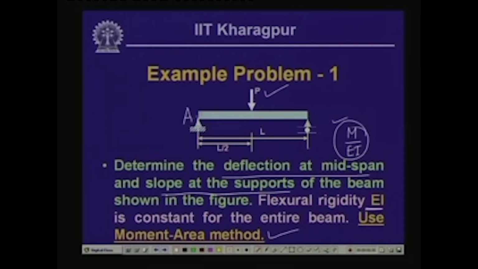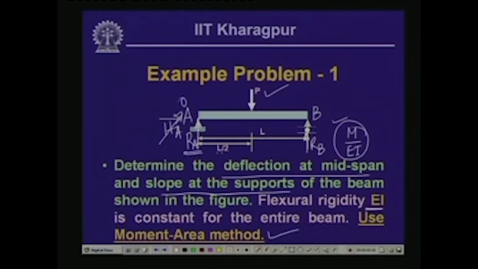So, let us call this end A and this end B. The reactive forces that will be acting at the hinge are RA and HA, and at support B is RB, as you have seen earlier, and since there is no horizontal force, HA will be equal to 0.